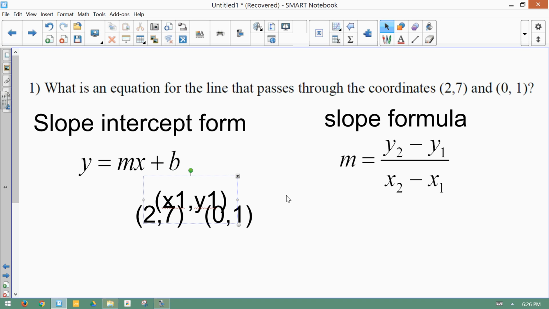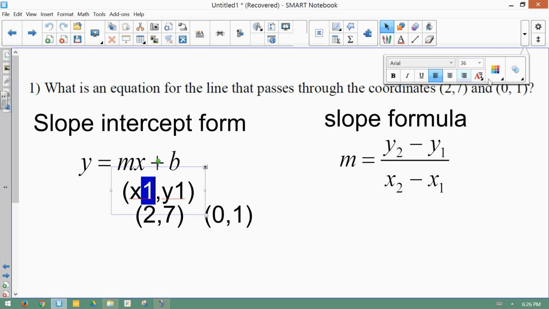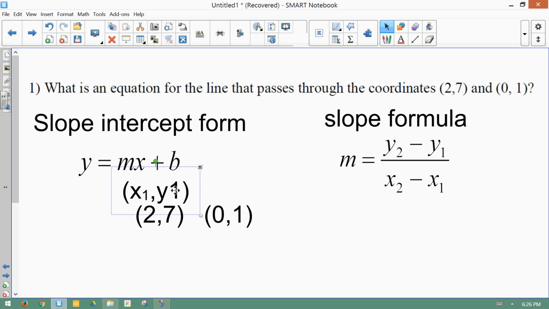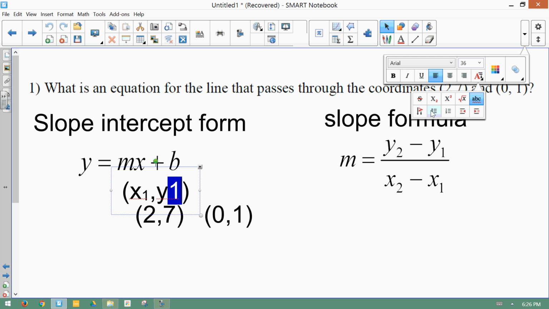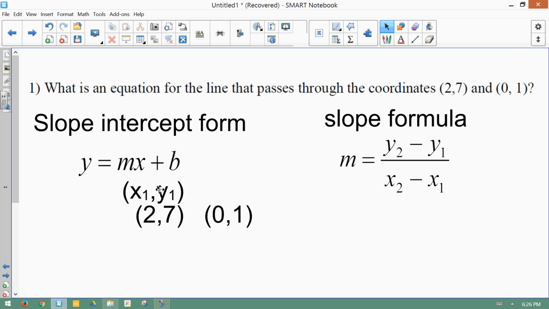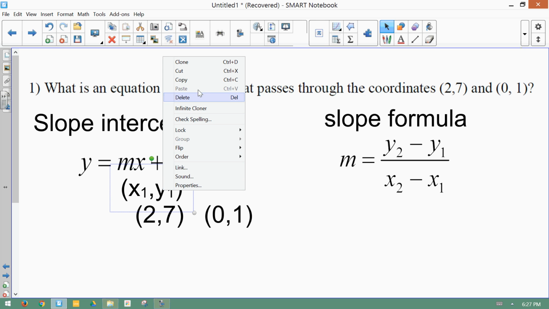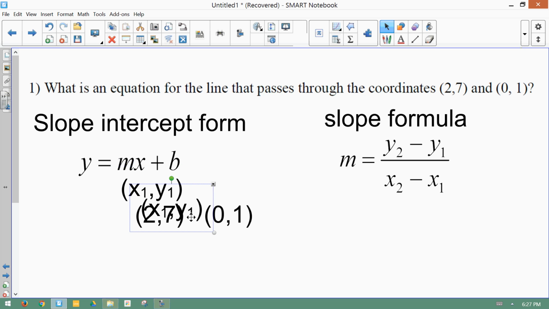We're just labeling our points here. That'll be 1 pair, and let's name the other pair; we'll make these the 2s.